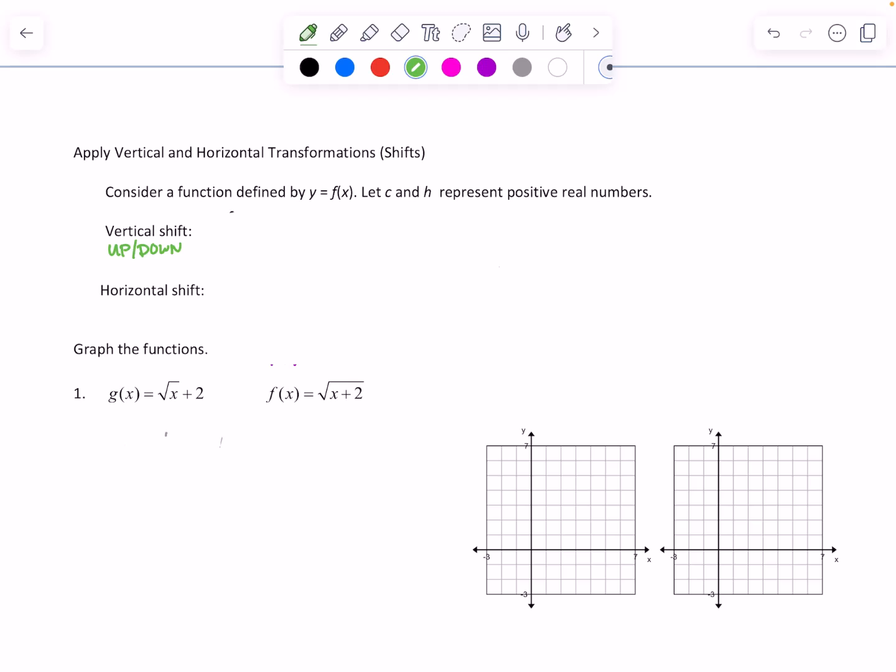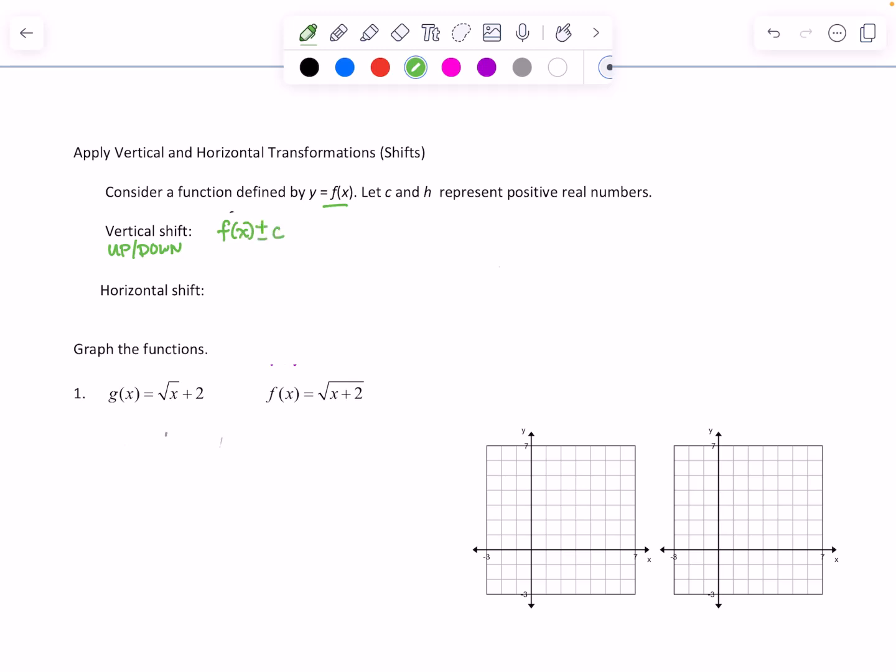So the way we recognize a vertical shift is we're going to take our parent function, f of x in this case, and then we're going to let c and h be the constants that we use.